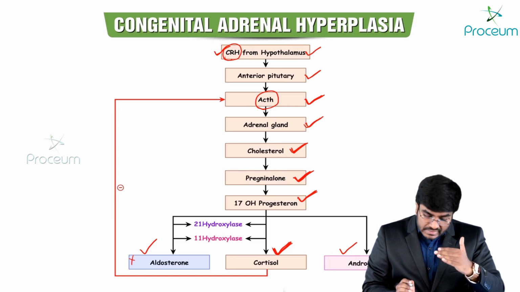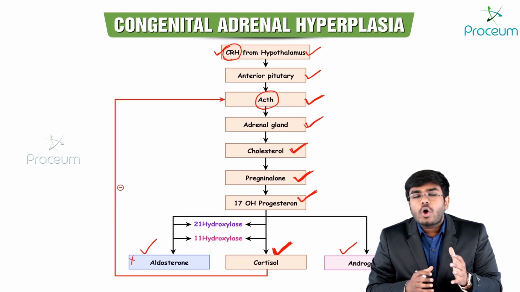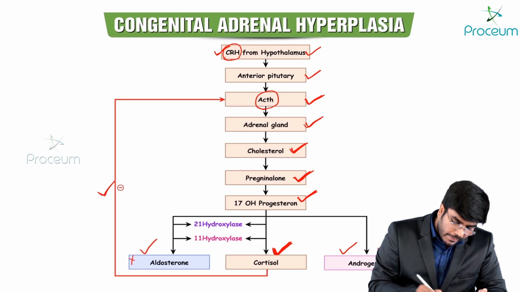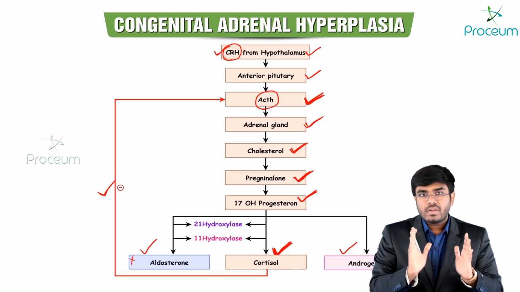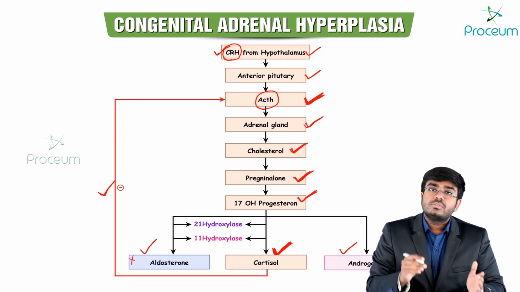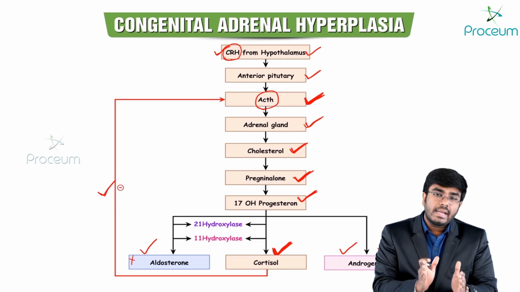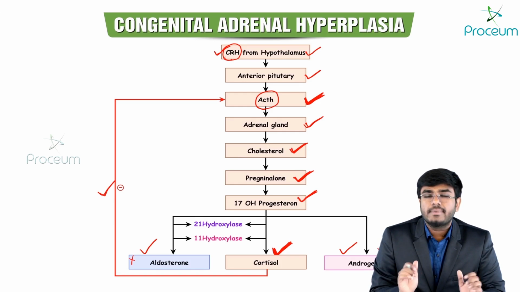ACTH came, and at the end cortisol is there. Now what is this cortisol doing? This cortisol gives negative feedback to ACTH, saying that enough cortisol is there and there is no need for ACTH again. So cortisol gives negative feedback to the pituitary gland, so the pituitary gland will decrease ACTH production. This is something normal.